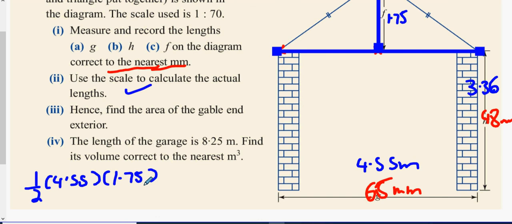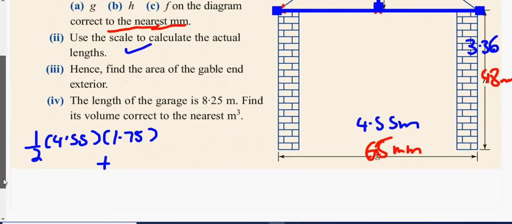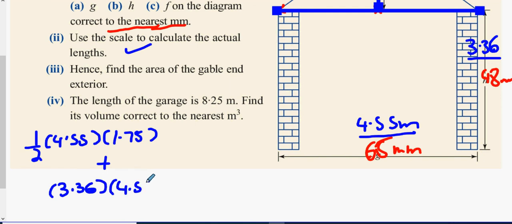That's for the triangle. What about the rectangle? 3.36 multiplied by 4.55 for the rectangle.